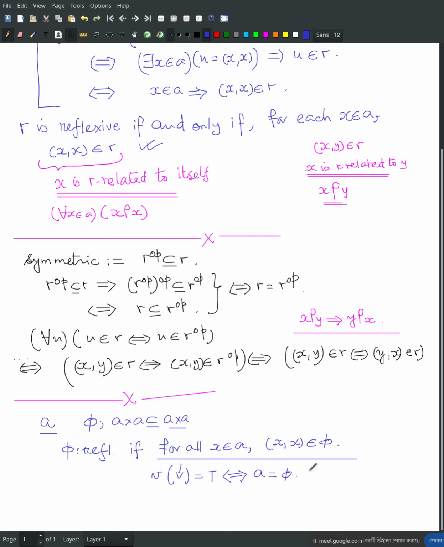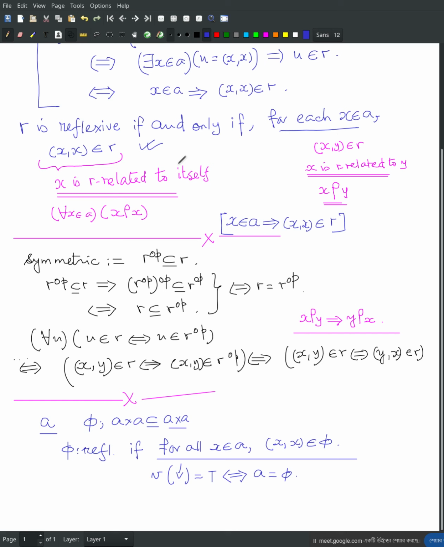Now, that's why you will see me often writing things avoiding the usual for all x style. I usually write it in this way: x belongs to A implies (x, x) belongs to R. So this is my phrasing for this thing.